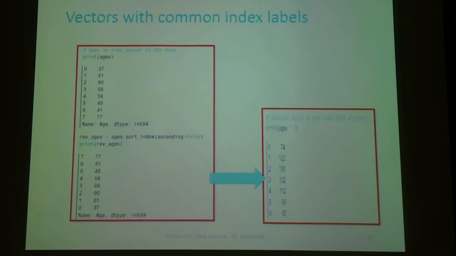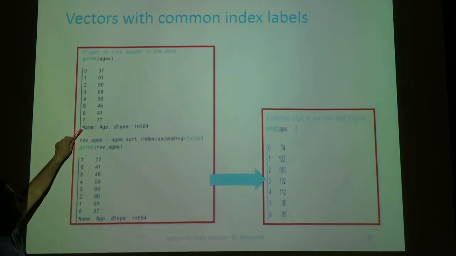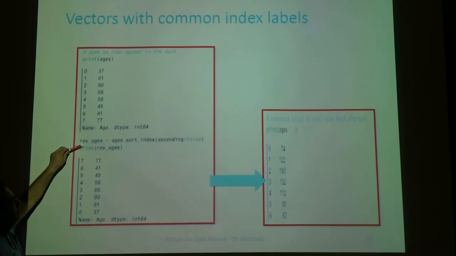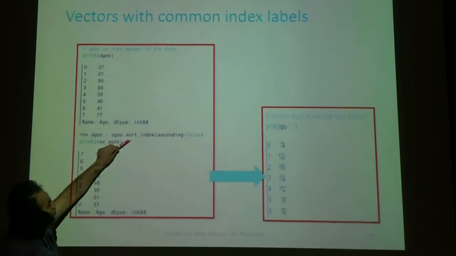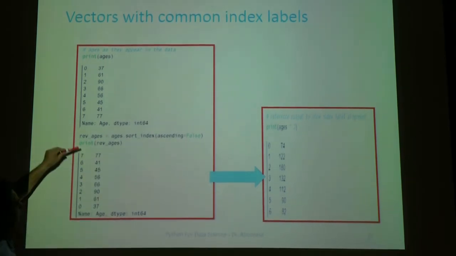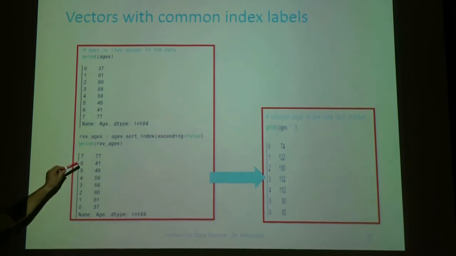So you see in here, this is a Series called ages. How many elements does it have? 8. And then here I could use ages.sort_index with ascending=False. It will print it in reverse, by the index.